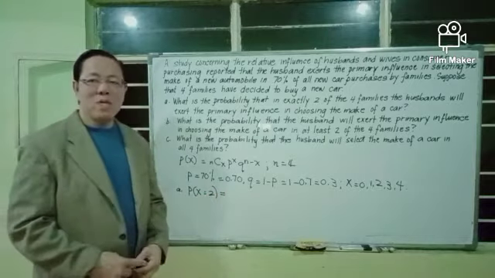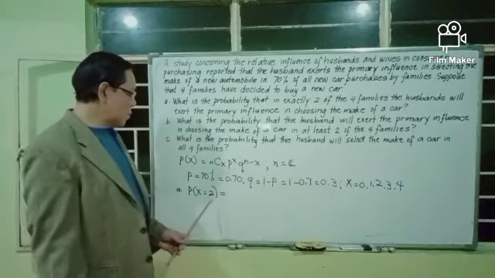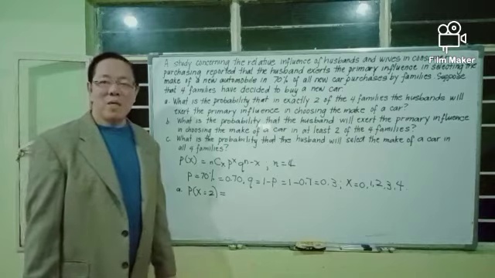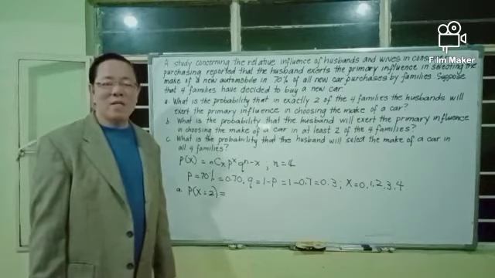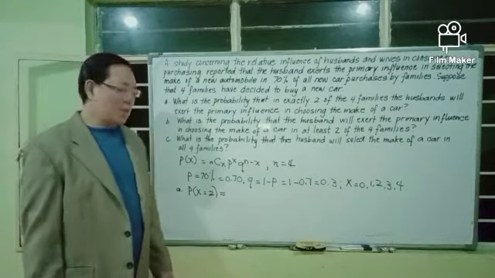In letter A, we want the probability that exactly 2 of the husbands from the 4 families will decide on the make or brand of new car to purchase.